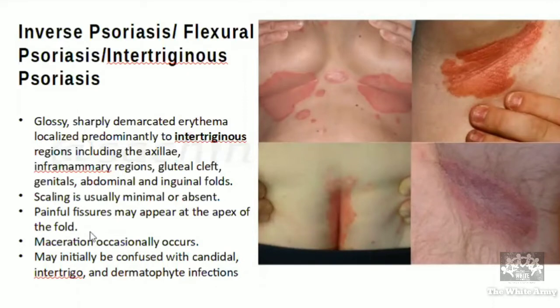Okay, fissuring and maceration is also seen in some patients, and they are usually confused with fungal infection, either candidal or dermatophyte infection. So when lesions like this appear and you treat for fungal infection, and if after 2-3 months there is no change at all, you need to be suspicious of inverse psoriasis.